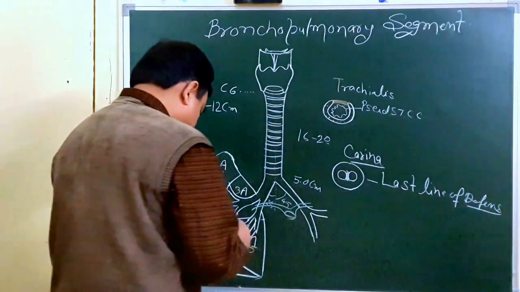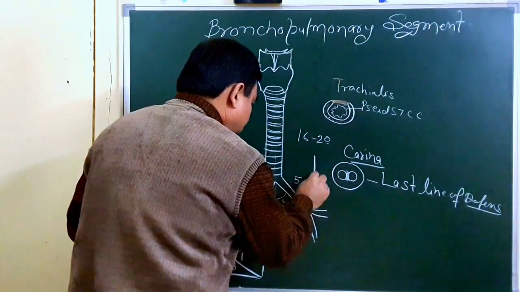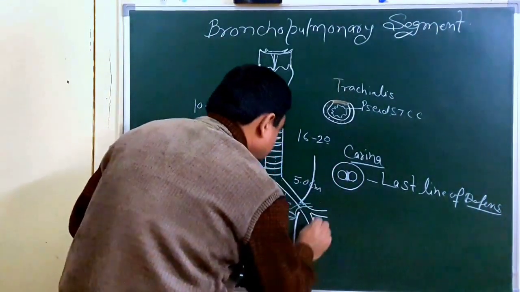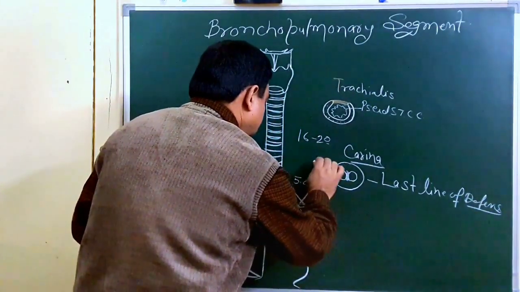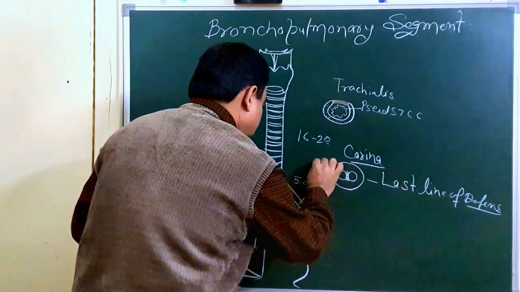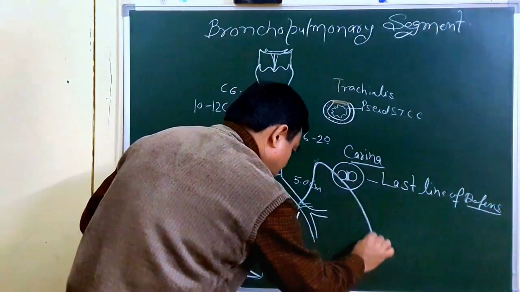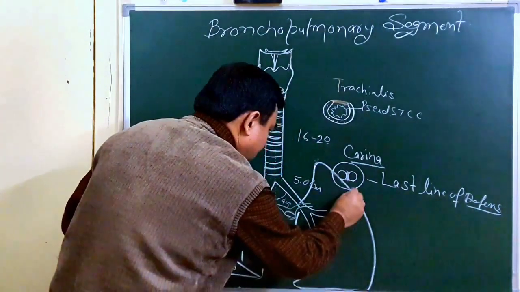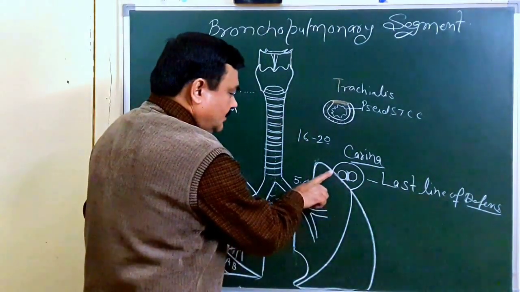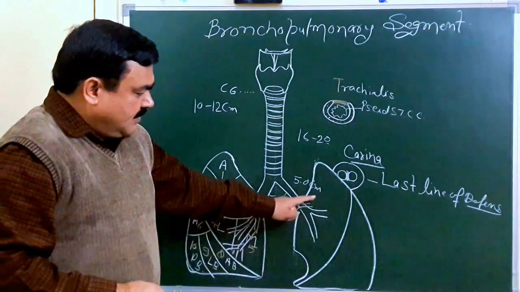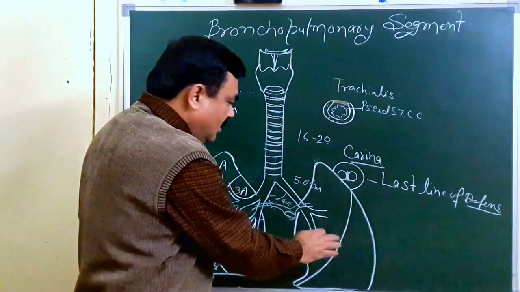In left lung, this is oblique fissure. By oblique fissure, left lung is divided into 2 parts, upper lobe and lower lobe.